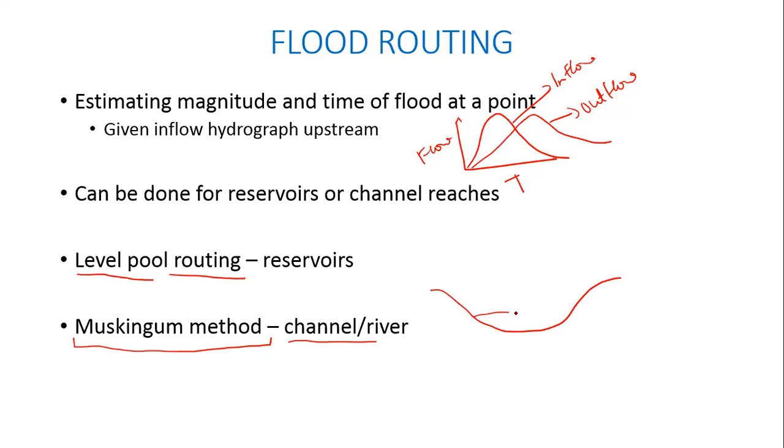If the water level is over here, and then an incoming hydrograph comes in, an incoming flood comes in, and the water level in the river changes to somewhere over here, whatever this increased portion is, that is also some kind of storage. But it's not storage in the sense of it happening for a considerable period of time. Compared to a reservoir, the time for which this water level will rise in the river is much smaller. A reservoir can store an entire monsoon's rainfall, depending on the size of the reservoir and depending on how strong your monsoon is and so on.